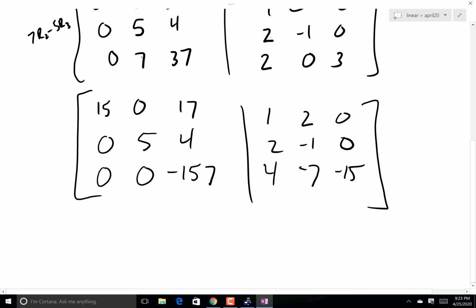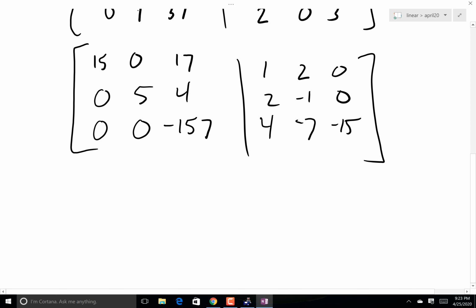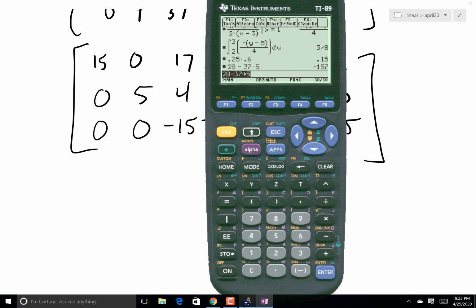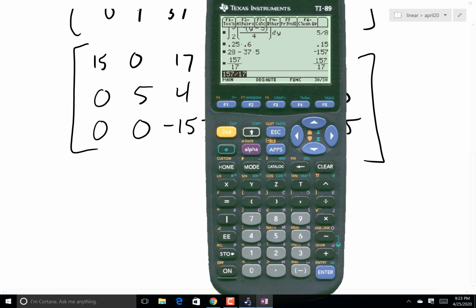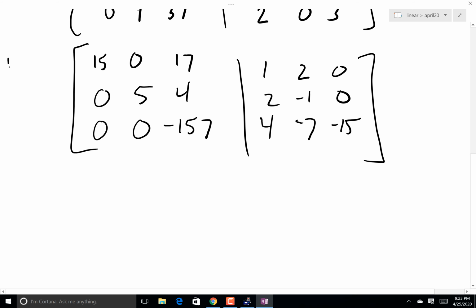Okay. It's at this juncture you could divide everything over here by negative 157. Ugh. Fractions, though. I don't think I want to do that. So 17 doesn't go into 157, does it? I don't think so. Nope. Sorry. Well, great. So we'll do 157 times R1 plus 17 R3s.